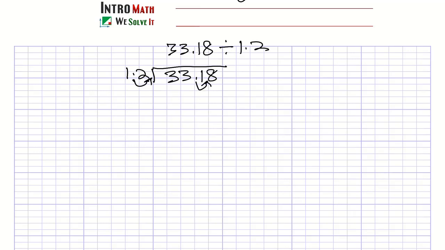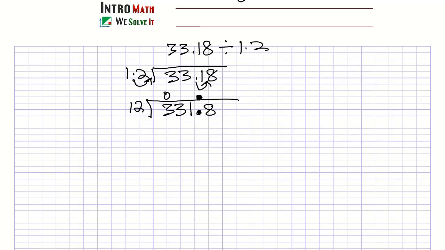So we'll have 12 divided into 331, and then you put the dot here, then 8, because you moved the other one decimal space. Then you put the decimal point here, lined up with that one there. Okay, and then you proceed.